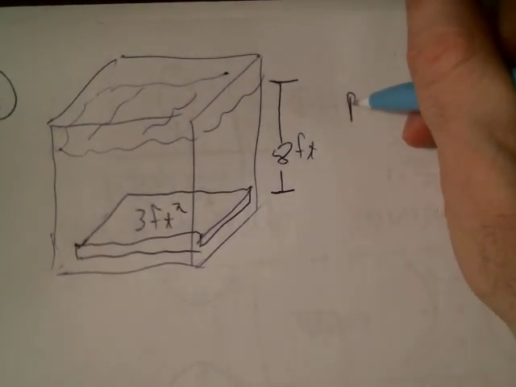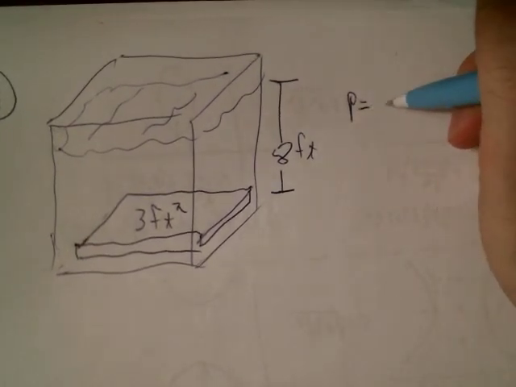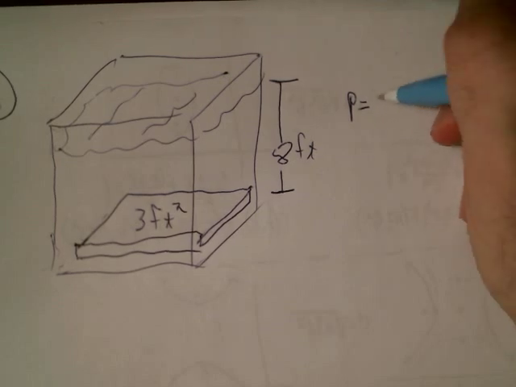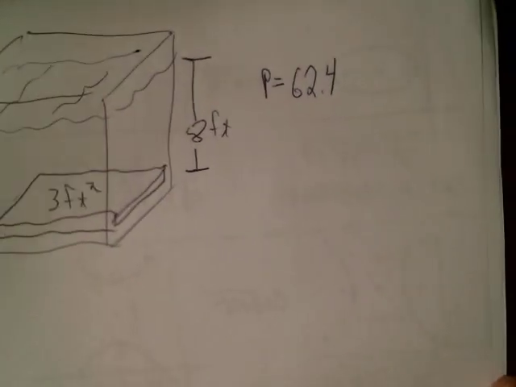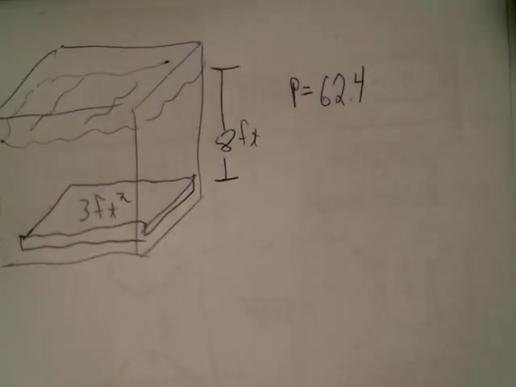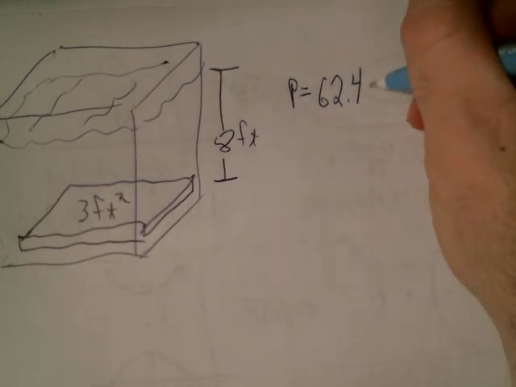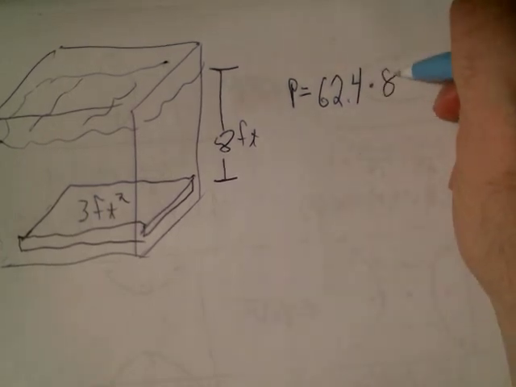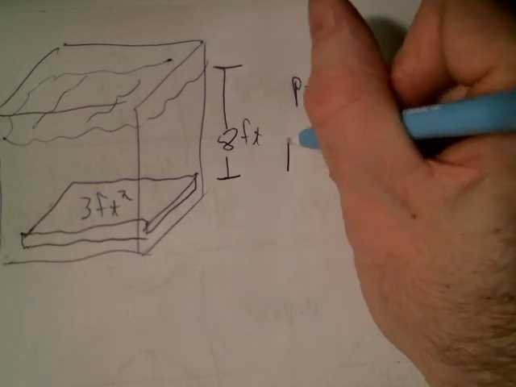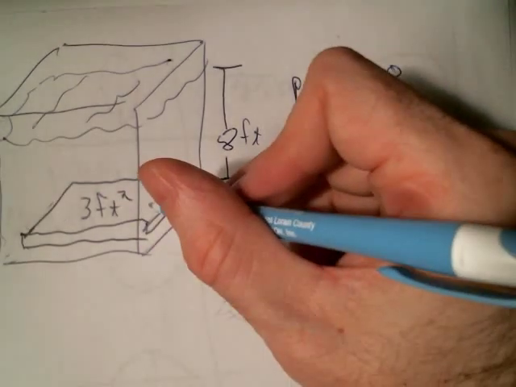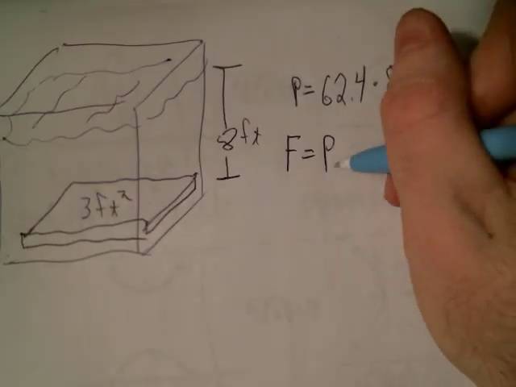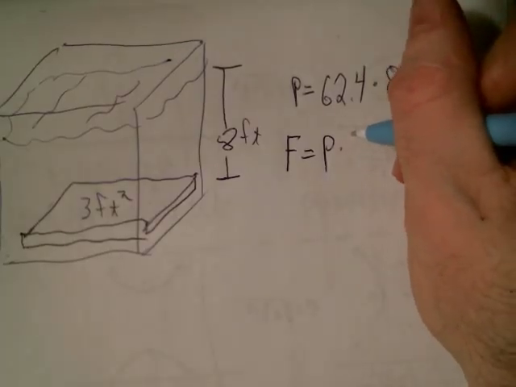So first, get the pressure. We're dealing just with water this time, so 62.4 is our weight density, times the depth, which is 8. Then the fluid force will be the pressure times the surface area, so times A, which in this case is 3.